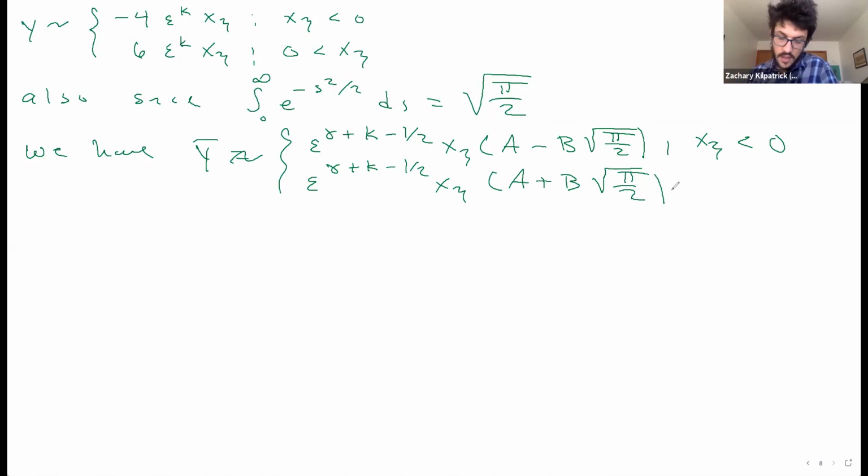That's just taking us out of the inner layer, meaning taking the limit of large x eta in this case.